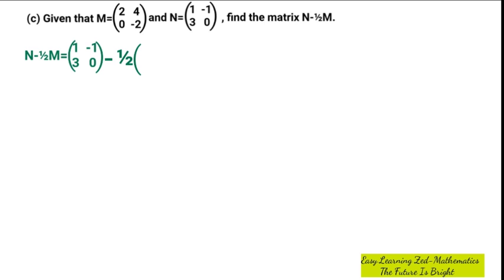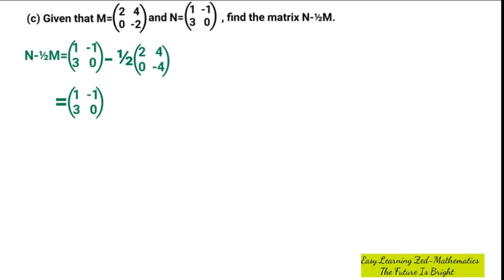Now 1 over 2, this is a scalar, so that means we're going to multiply the scalar by a matrix, so it's going to be like this. Okay, once I've done this, the next thing I'm going to do is write this down, equal to. So we're going to ignore matrix n a bit. The first matrix given, we're going to ignore it. So I'm just going to copy it the way it is until I finish dealing with the 1 over 2 multiplied by matrix M. There is nothing I'm doing with this matrix, I'm just copying it.